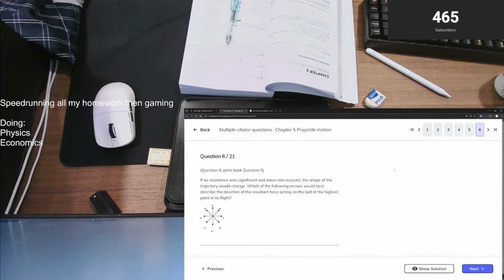Because when the ball is at the highest point of the flight, vertical velocity is 0. Horizontal is still that way. But no, horizontal velocity. Wait. No, it's F apparently.